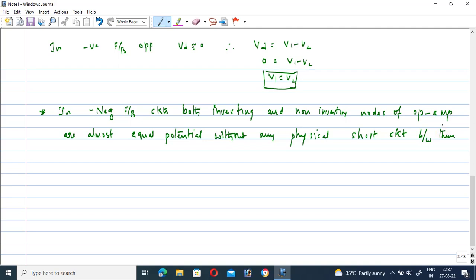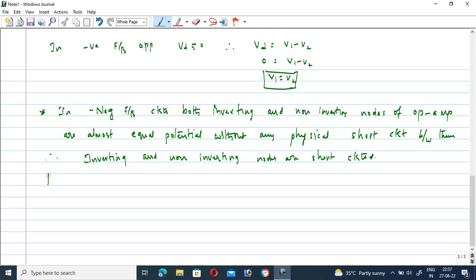Hence, inverting and non-inverting nodes are said to be virtually short circuited. So the concept of virtual short circuit is applicable to the op-amp circuits having a negative feedback.